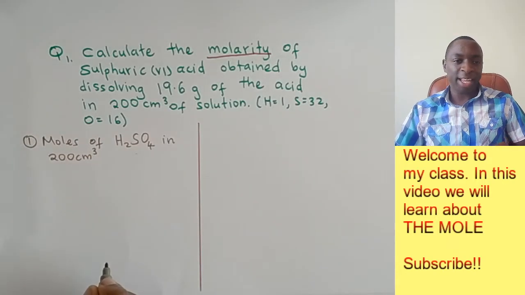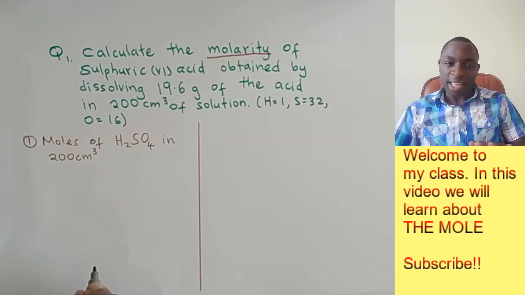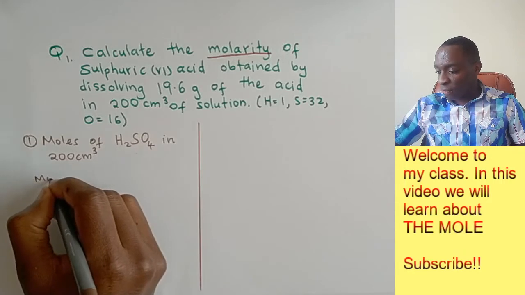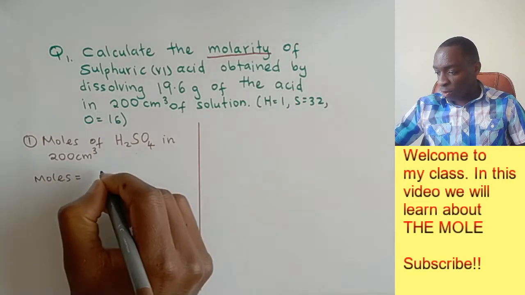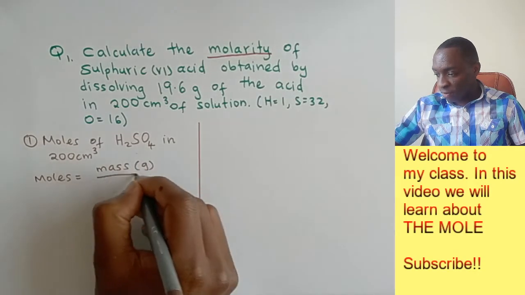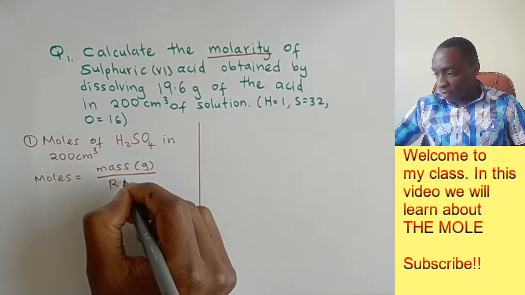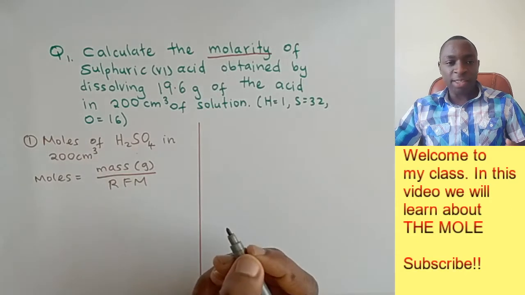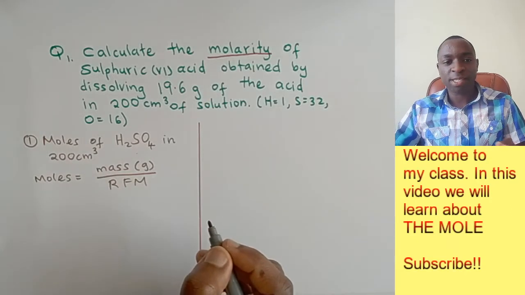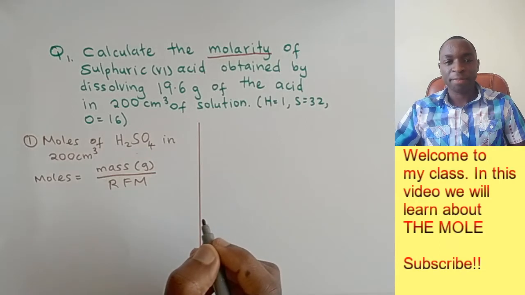As you can remember from some of my previous videos, the easiest way to calculate the moles is to use the formula: the number of moles is equal to the mass in grams divided by the relative formula mass. Here it is called relative formula mass, but it could also be relative atomic mass or relative molecular mass.